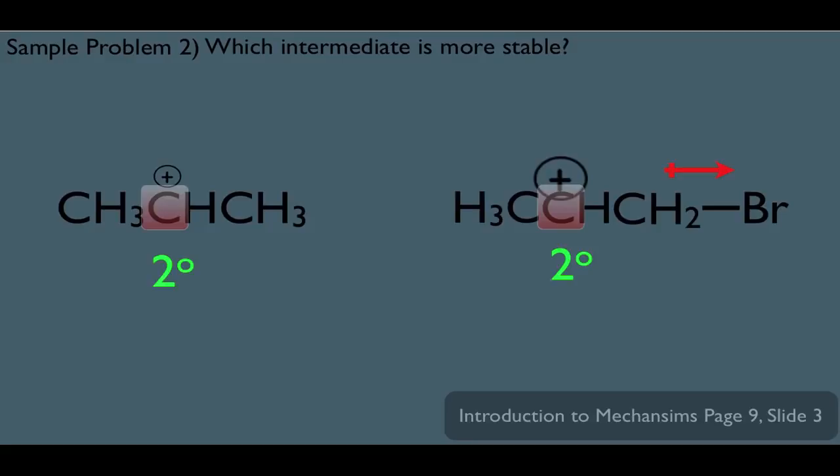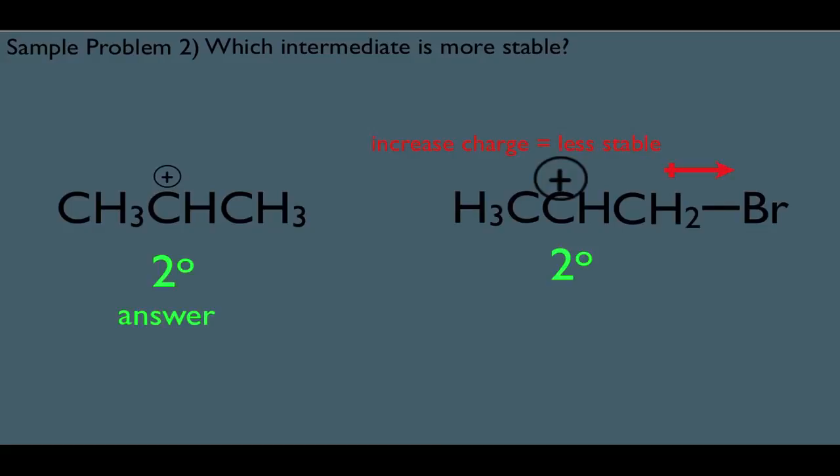And that increase in charge is going to make this species less stable. Remember, neutrality is stability. Being charged makes you unstable. Anything that increases your charge makes you less stable. So therefore, the answer to this question is this. This is the intermediate that's more stable. So careful, it's good to know the general trend of carbocation stability, but you might have to use other principles to get to an answer.